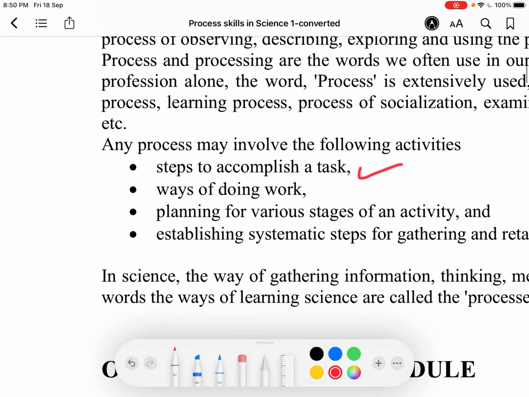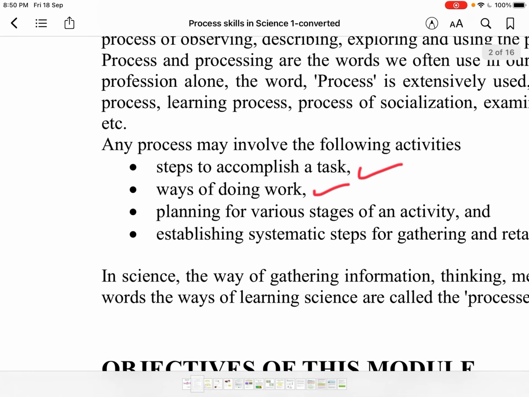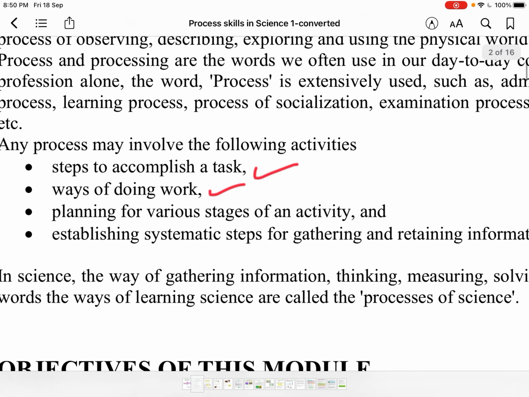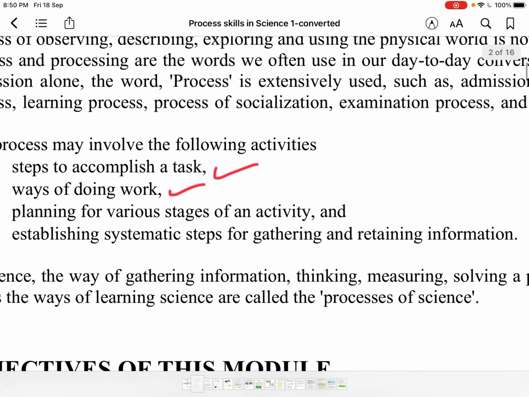In process, it has to be done step by step, not in a haphazard manner. There is a special way of doing the work, and every stage, every step, has to be well planned for that activity, and also establishing systematic steps for gathering and retaining information.